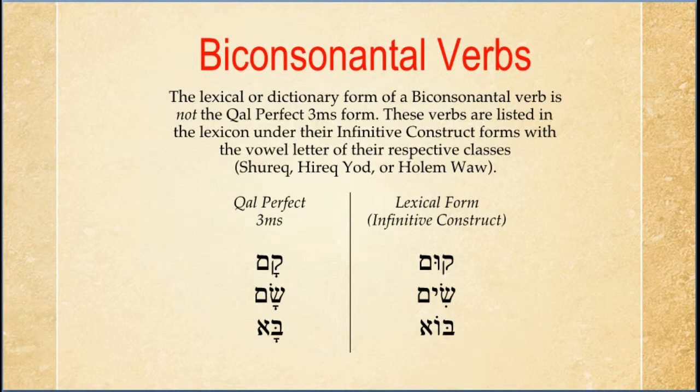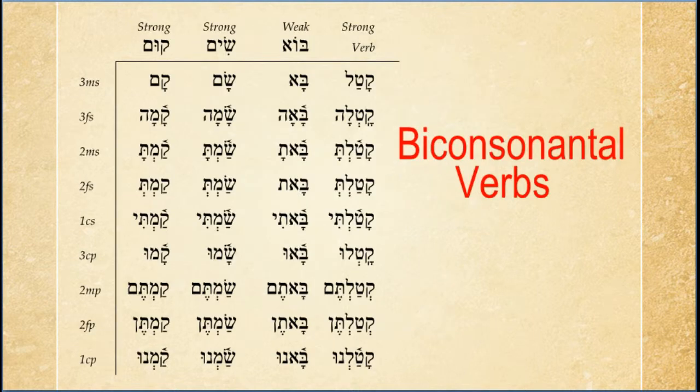So you can already tell that there's going to be a little bit of an unusual situation, because by having been a biconsonantal verb, we're already getting into that territory. So look what happens with these verbs.